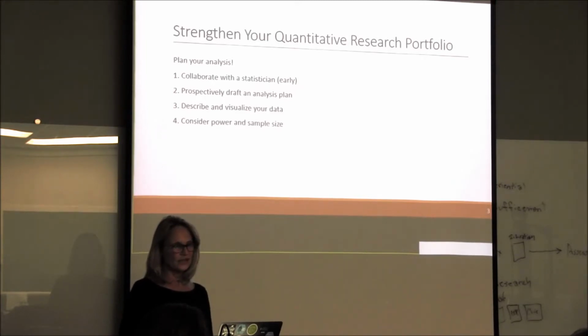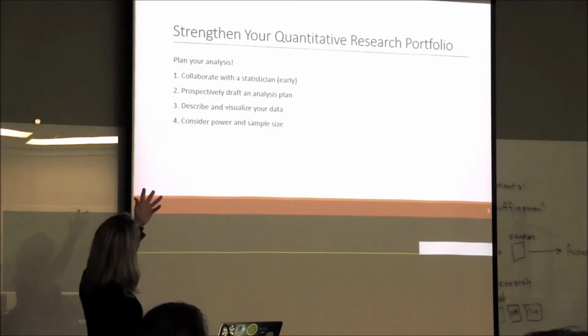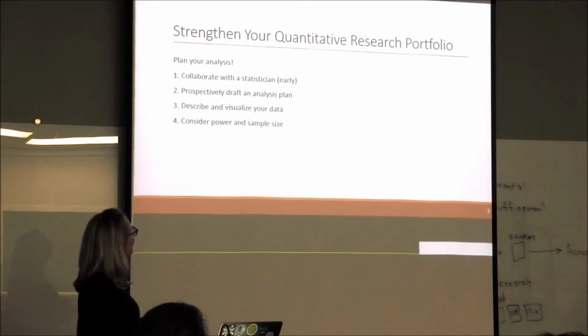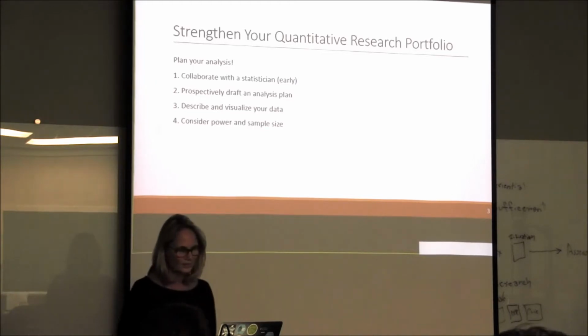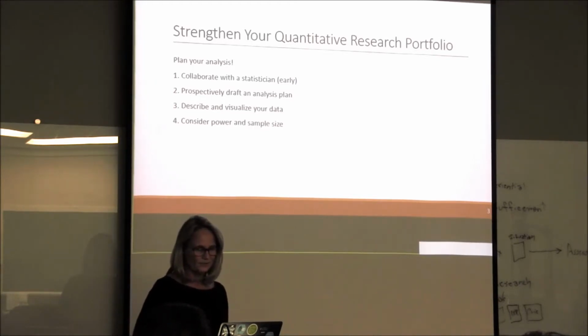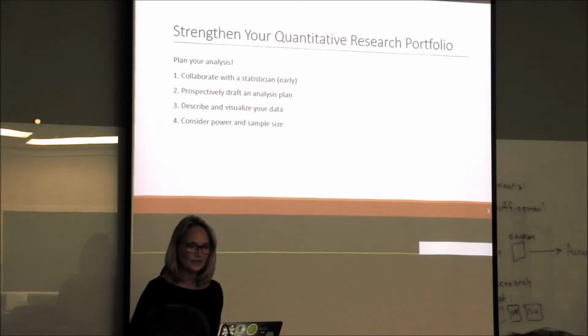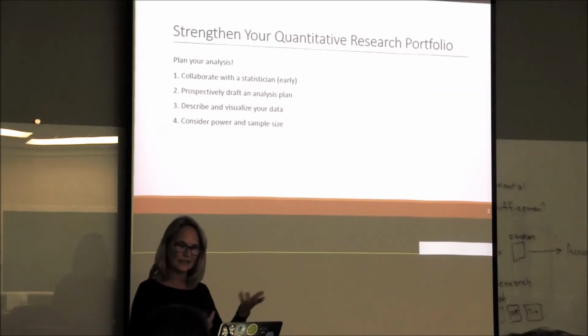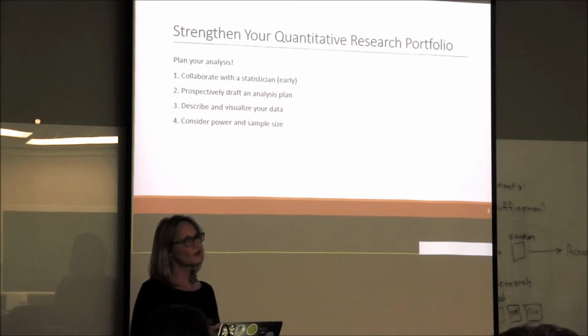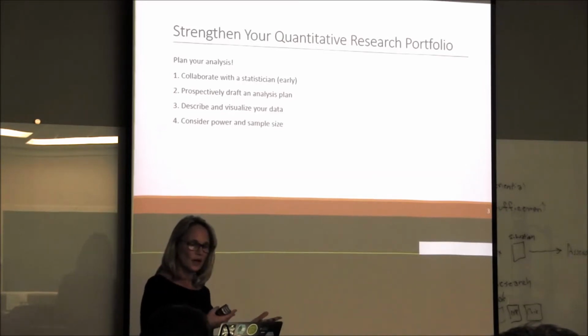These tips include seeking support from a collaborative statistician as early as possible in your research study, and, like I said, include specifics about drafting this analysis plan, visualization, and sample size planning. Incorporating these practices is an evidence-based model for increasing the likelihood of grant proposal success, as well as publication in peer-reviewed journals.